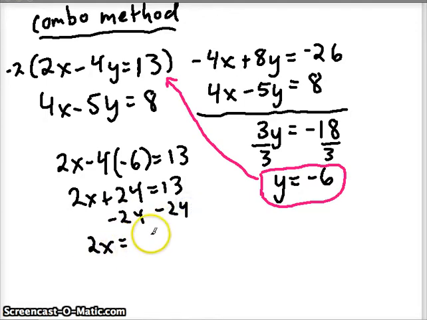So 2x equals, what is that, negative 11. And then to get x by itself, divide by 2. And x equals negative 11 halves.